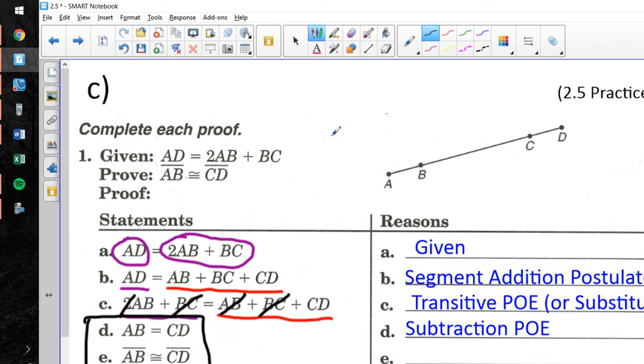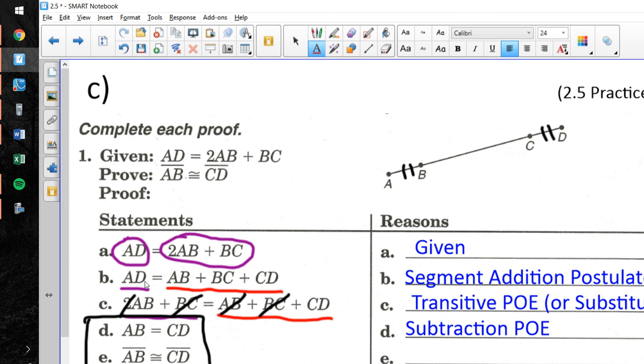Statement E is saying that the line segments are in fact congruent. So let me put a double tick mark here on AB, and we'll do a double tick mark here on CD. And if that seems obvious to you, if you're sitting here saying, well, yeah, if their measurements are equal, then the segments have to be congruent, you're right.